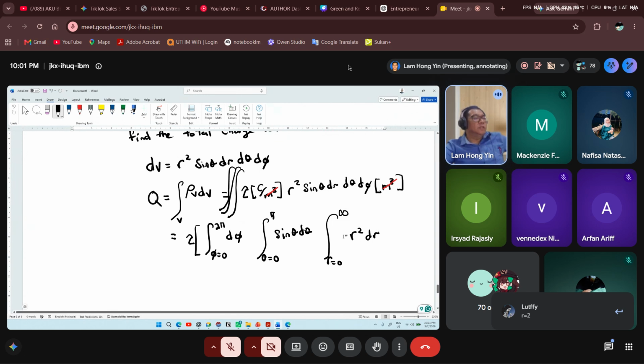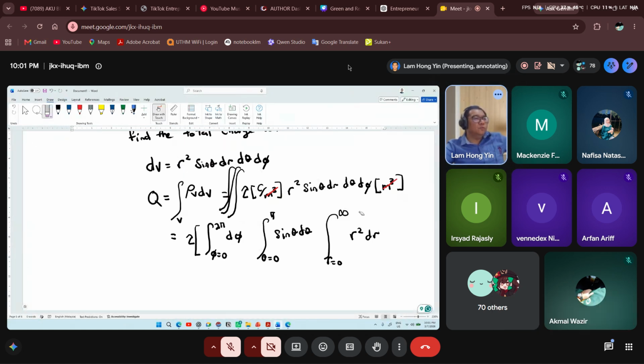So you integrate up to 2 centimeter, not to infinity. Now I can integrate one by one, part by part.